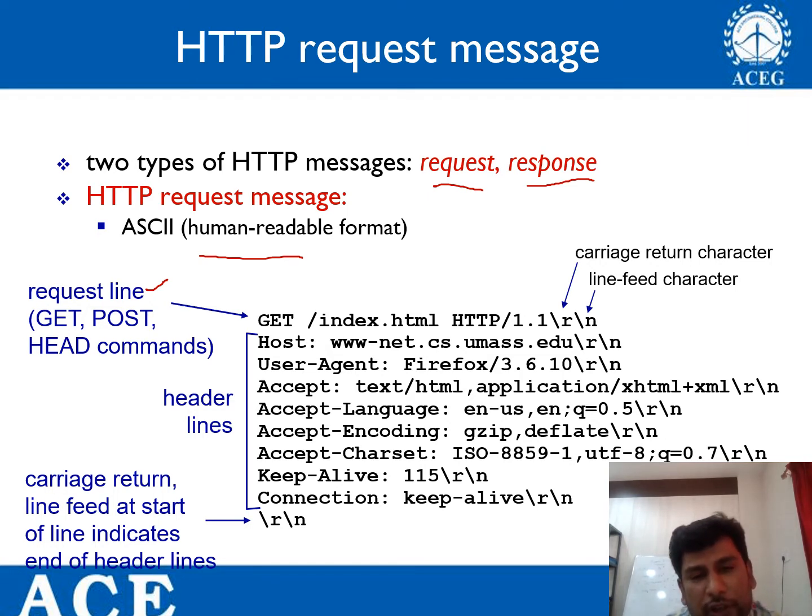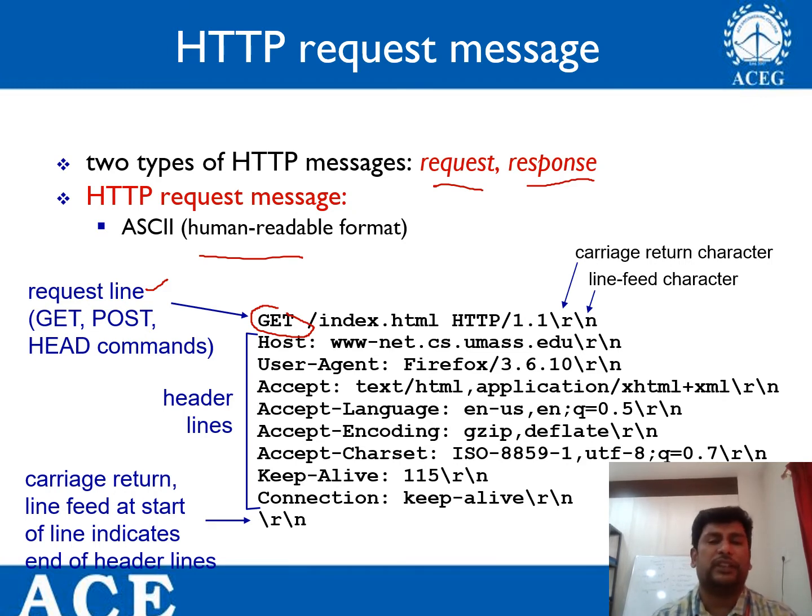Generally, when you are trying to open a particular web page, you are making a request for that web page, and we use the command GET. But if you are trying to search for some particular keyword in a web page, then you use POST. HEAD is similar to the GET command, and if you want to delete particular contents, then in the request line, instead of GET, POST or HEAD, we can use DELETE.